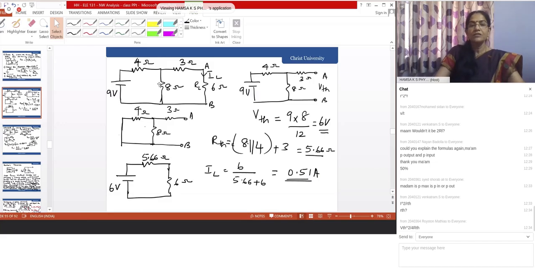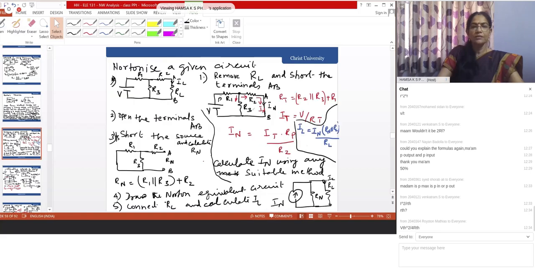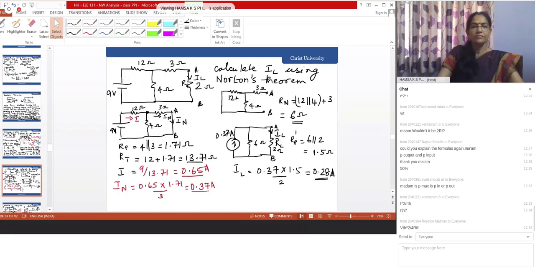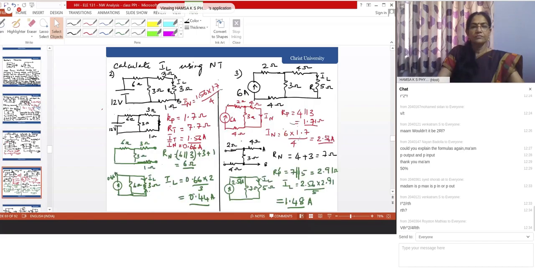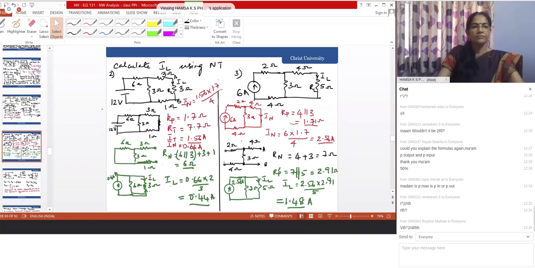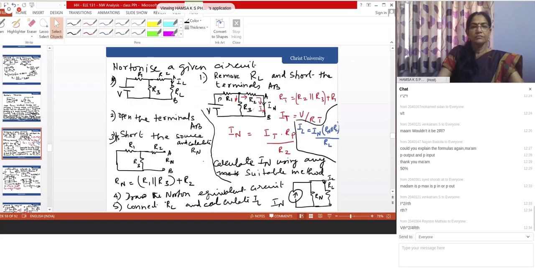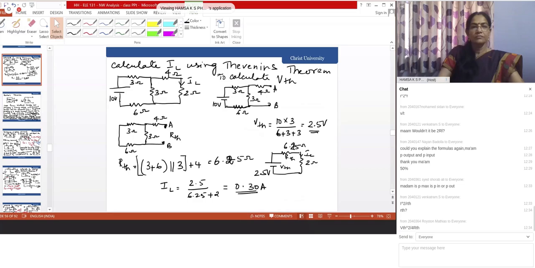So we have this circuit, right? Is this the circuit that I showed you earlier? These are all Norton theorems. Okay, I think this is the circuit.